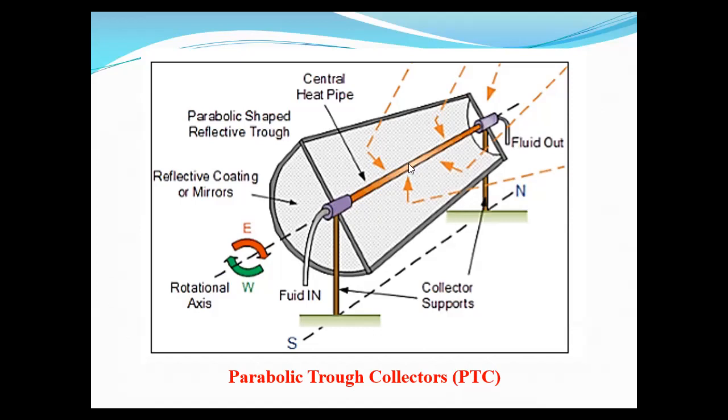And this is the typical parabolic trough collector, which consists of a receiver, and then this is the reflector. So solar radiation falls on the reflector and is reflected at the receiver. And this collector is mounted on a tracking system. So the tracking system operates this collector in such a way that it is facing the sun.